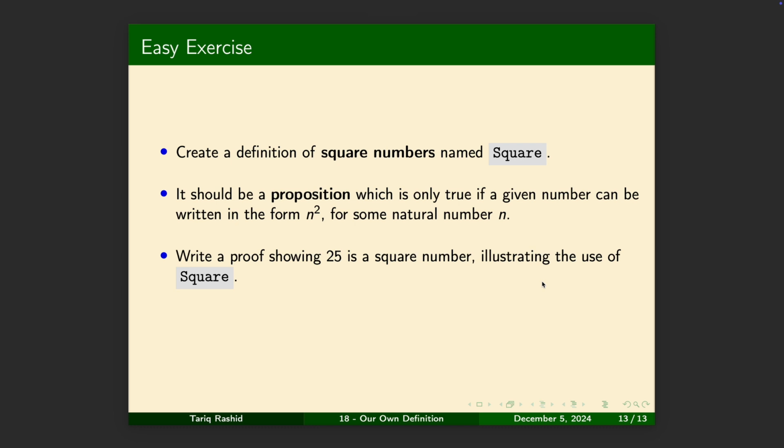And in the same way, it won't be something that returns the nth square, we want it to be a proposition that's true or false if the given number is a square number. It can be written in the form n squared. So if you write that definition, it shouldn't be difficult. You can take the code we've got for the triangle numbers, then modify it, and then write a small minimal example to show that 25 is a square number. So let's have a think about how we might do that, just to give you some hints.